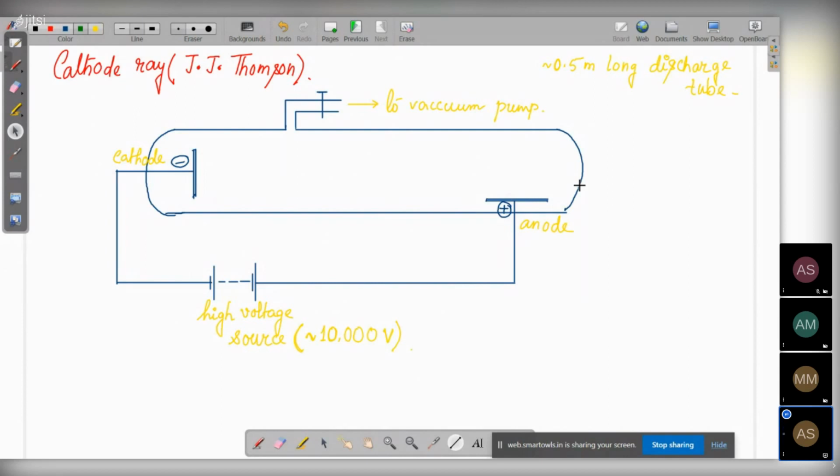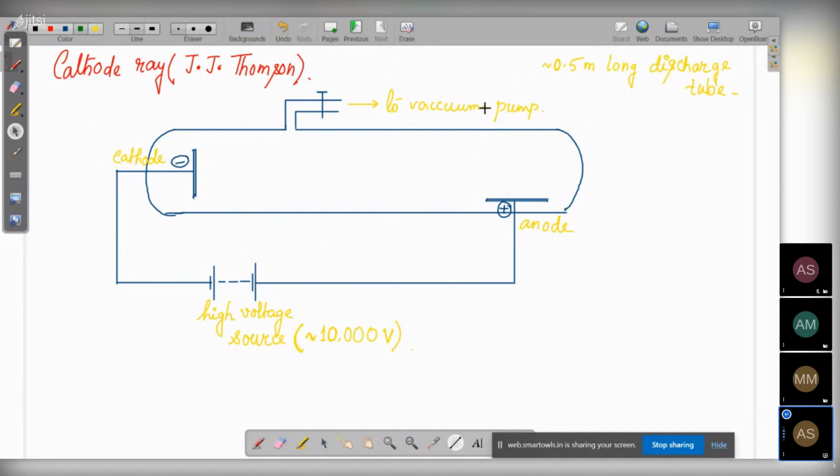But when he opened this vacuum pump and reduced the pressure to around 10 to the power of minus 2 atm, he found that electricity was flowing and light was emitted.